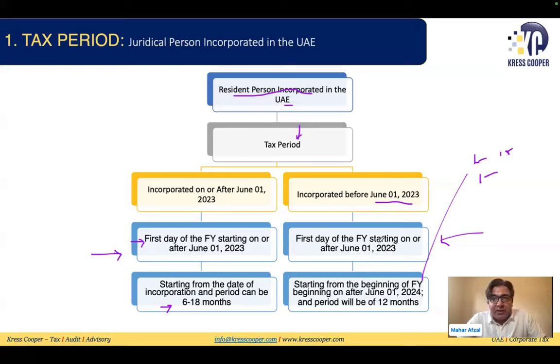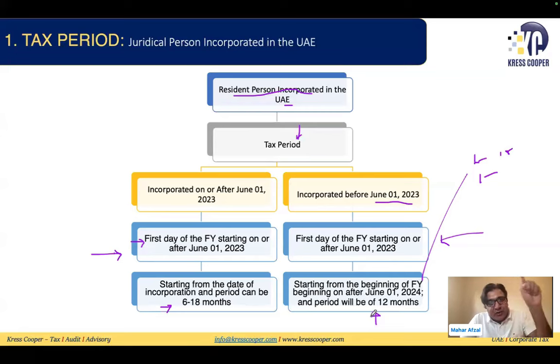So this is not anything we need to discuss; it's very straightforward, very clear. Once the previous period ends, the new period starts, and corporate tax law will be applicable from the start of the new period. In most cases, the tax period will be 12 months, because these are running companies.